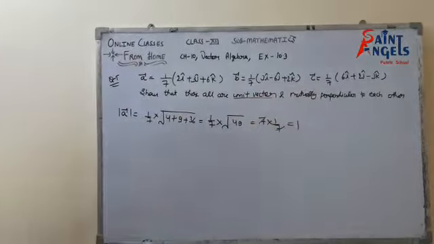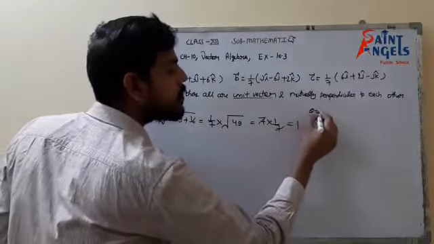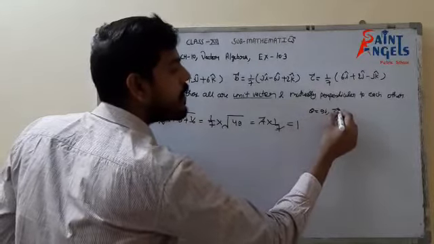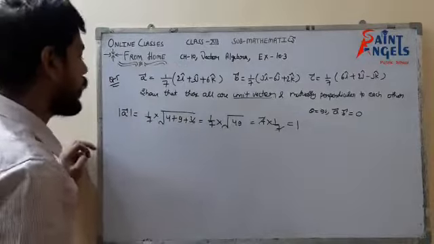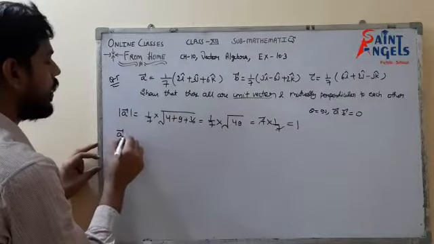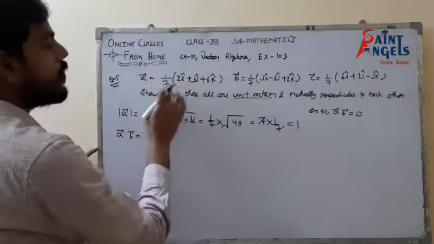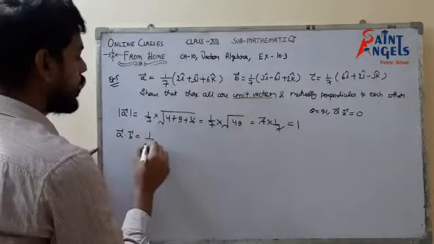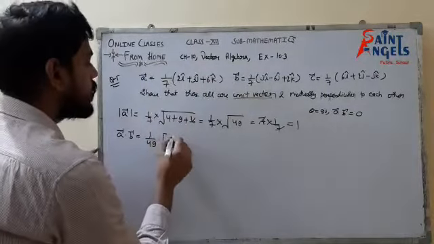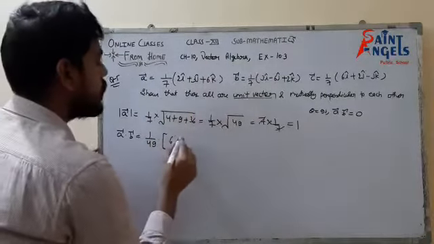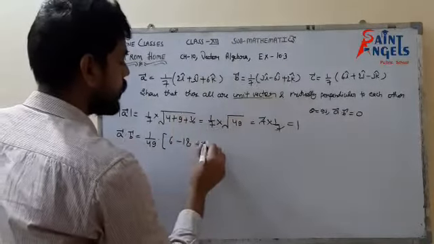Now we have to prove that they are mutually perpendicular. I have already told you that if theta equals 90, then their dot product would be equal to 0. So now we will find out. First of all, I will find A vector dot B vector. That is 1 upon 7 into 1 upon 7, 1 upon 49 into, now 2 into 3, 6, 3 into minus 6, minus 18, 6 into 2, plus 12.